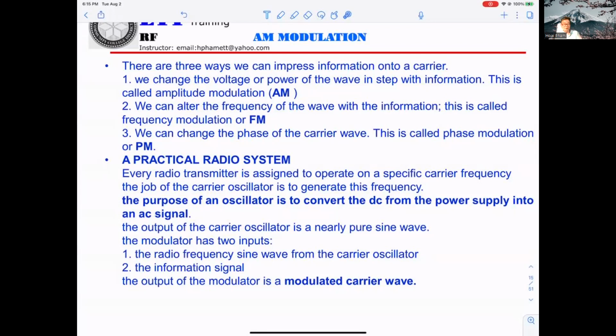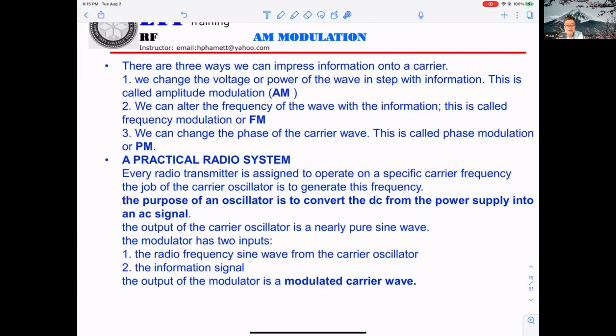For AM modulation, that means amplitude will be changing. FM means frequency will be changing. Or PM, the phase will be changing. That's the first definition.